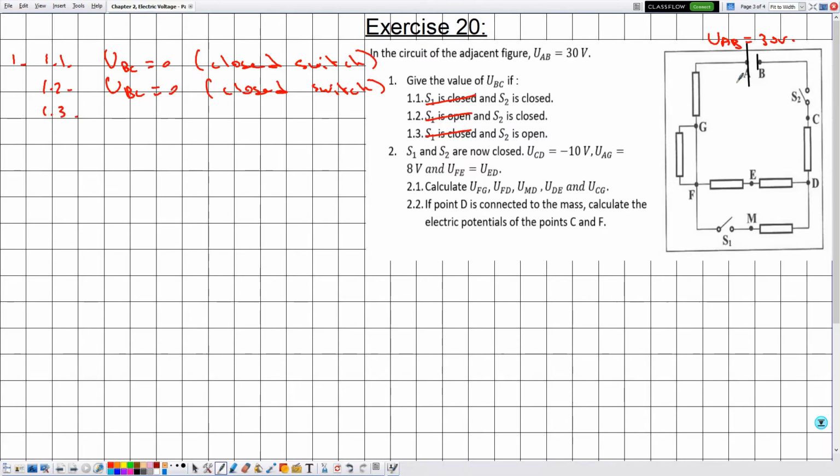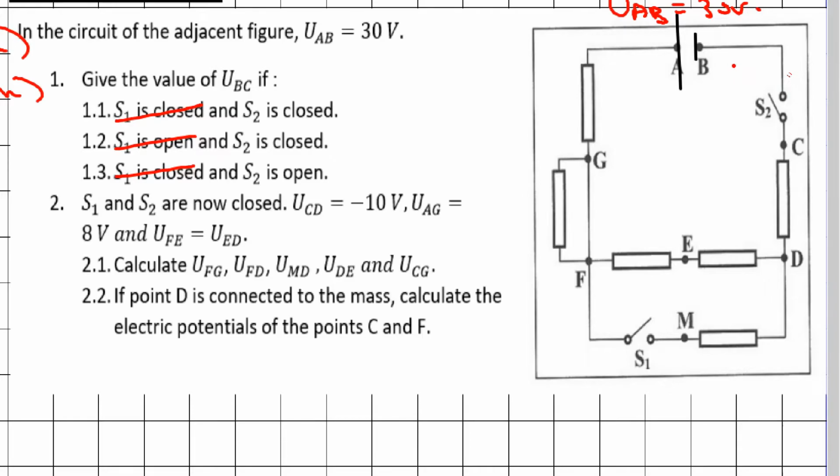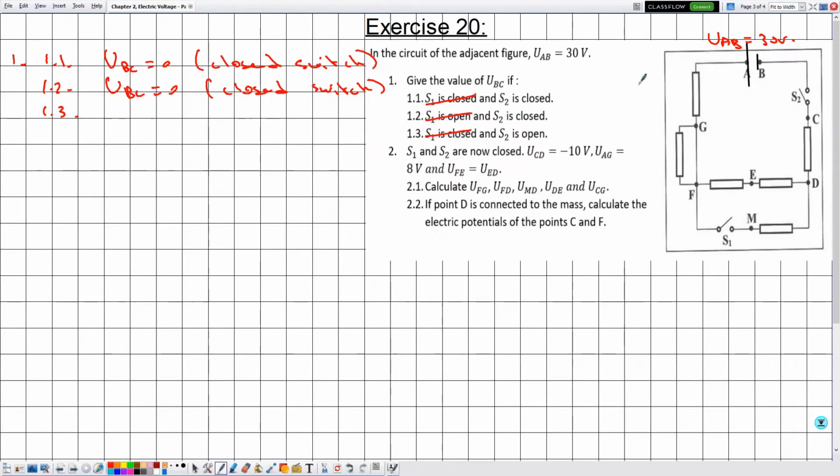Now in 1.3 S2 is open, so it has the same voltage of the battery up to a minus sign, and it depends on whether we are measuring UBC or UCB. So since we are measuring UBC and B represents the negative terminal, so we're measuring from negative to positive, then UBC is equal to minus 12 volts.